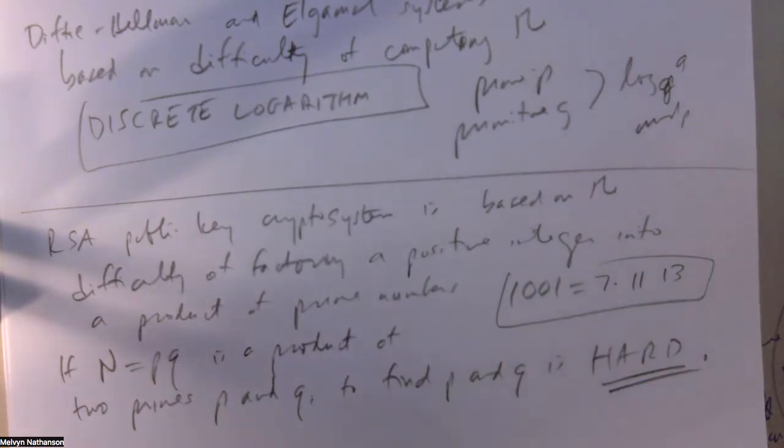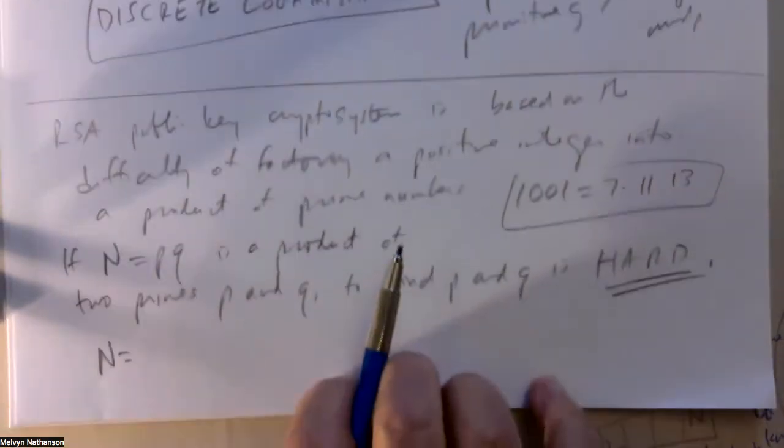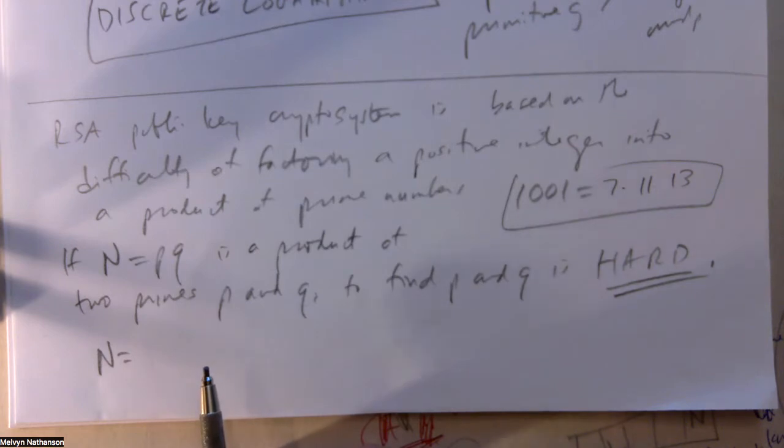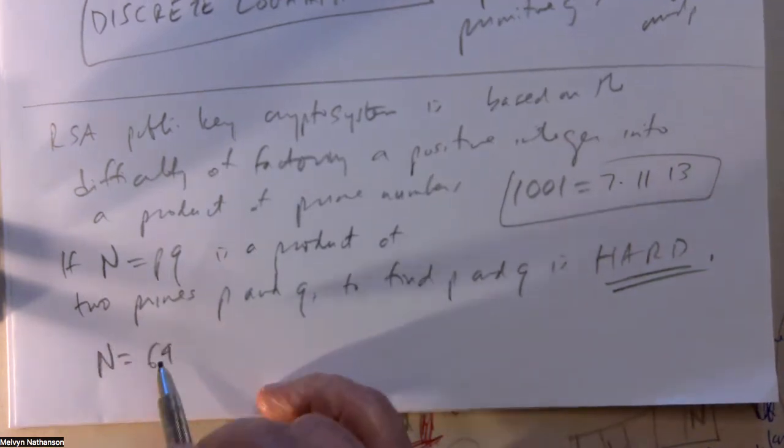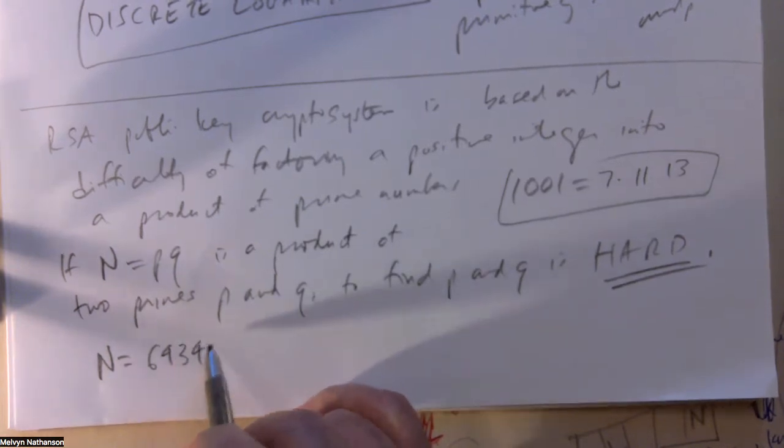So, for example, in section 3.1 of the text, a number that appears is N equal to 64,349.